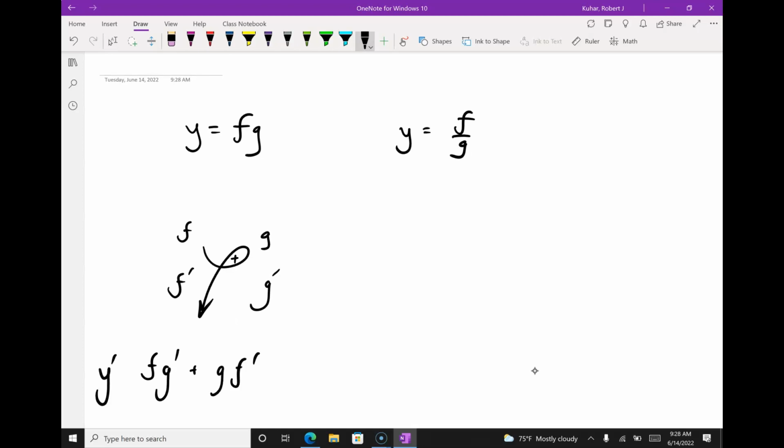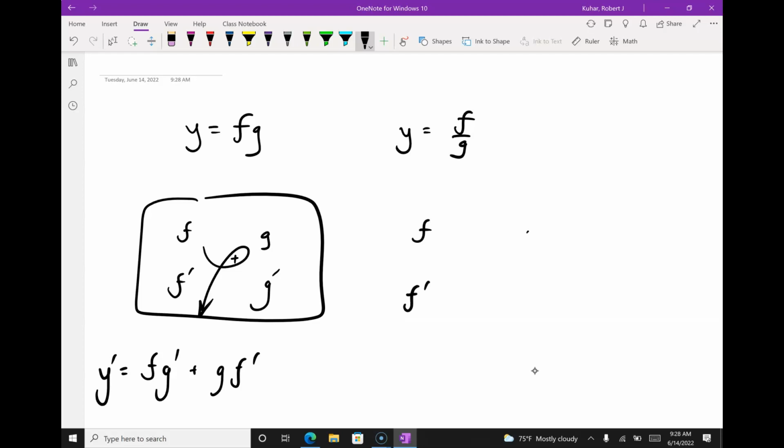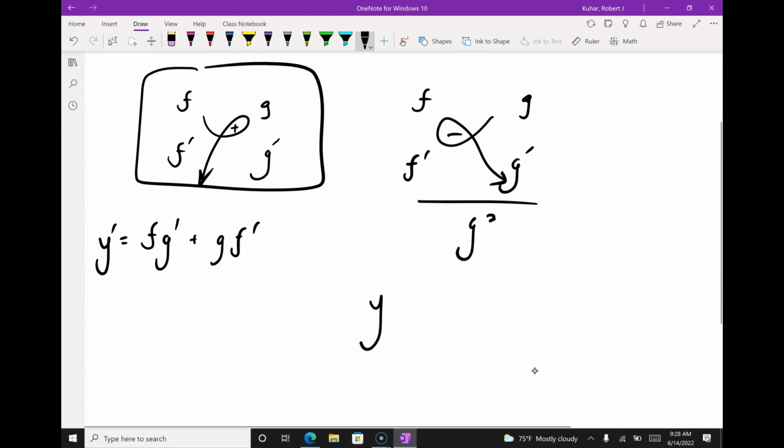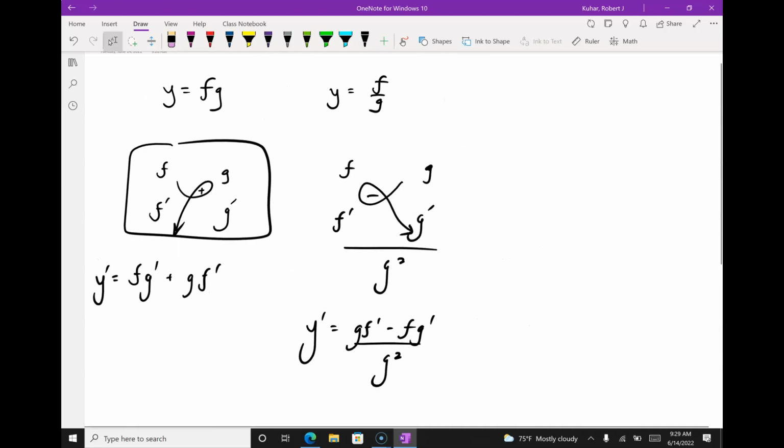Of course, you could just memorize that, but I like the loop, makes it kind of nice. Because when I do quotient rule, I do the same thing, but I'm getting the letter q, and then I've got to get a g squared as well. So y prime in this case is g f prime minus f g prime all over g squared. So that loop just gives me a nice little shortcut.